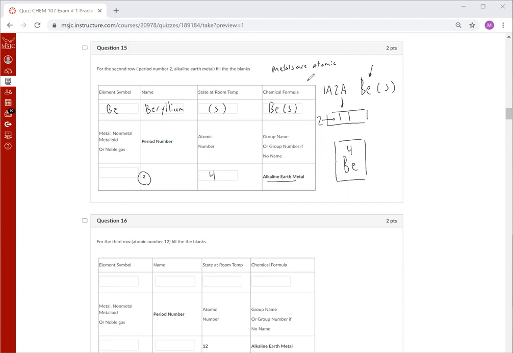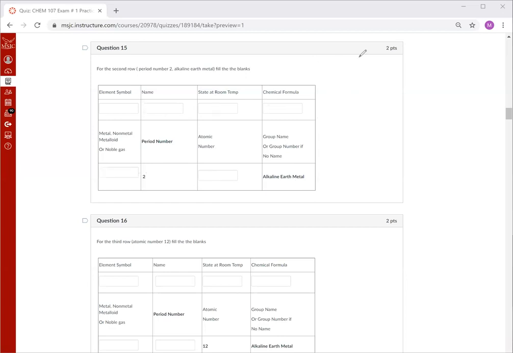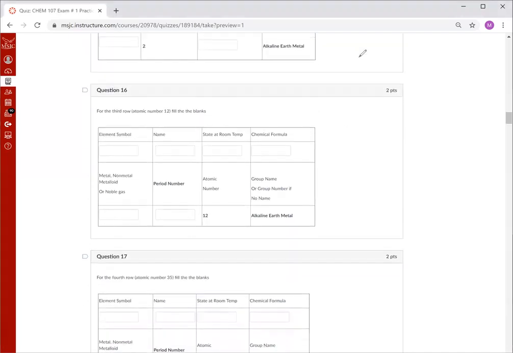Does that make sense? Yes. Perfect. And as we've established, as we see that it's an alkaline earth metal, it clearly is a metal. Does this example make sense from the practice exam? Yes. Perfect. So allow me to clear this and move on to the next portion.